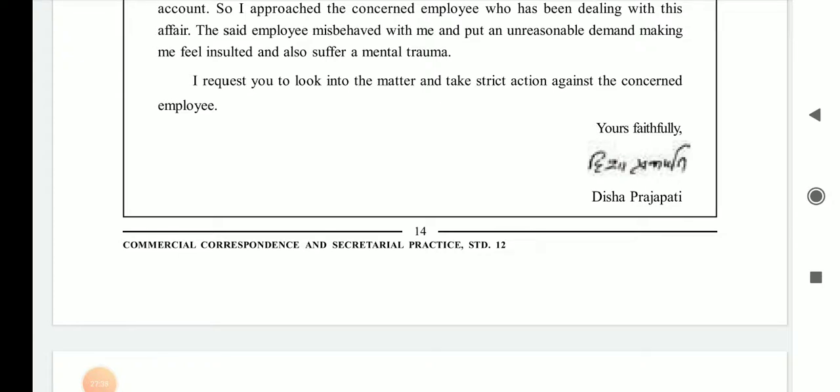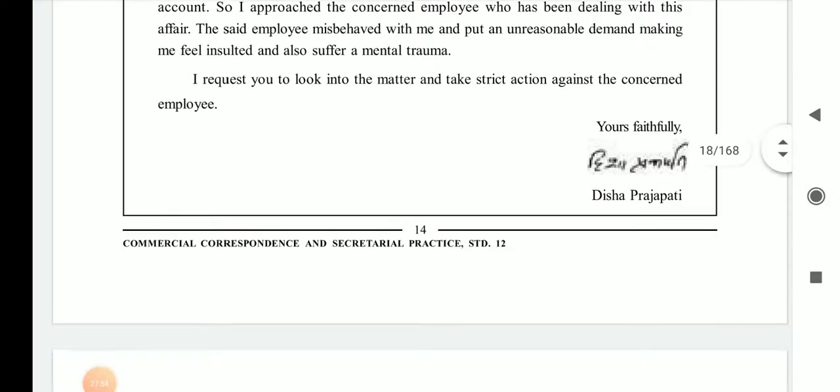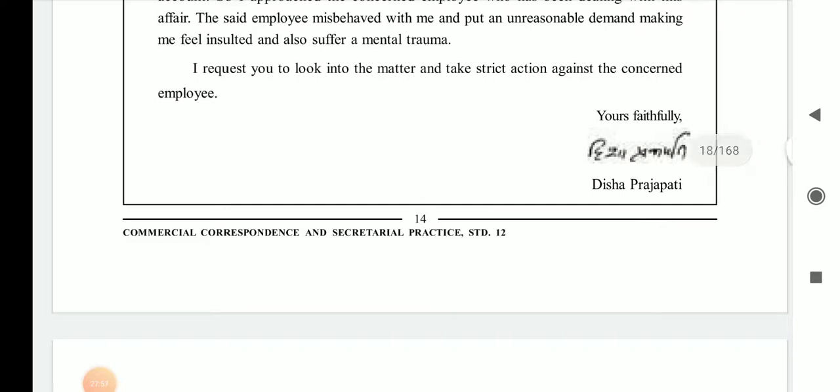The lady also told that when she visited that particular employee, the employee made an unreasonable demand to the lady, and that's why the lady felt insulted and suffered a mental trauma.